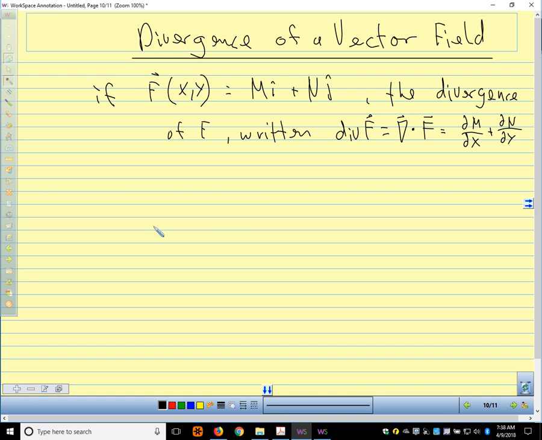Would this have a z component too? Yeah, so we're going to write that next. So we have m i hat plus n j hat plus p k hat.